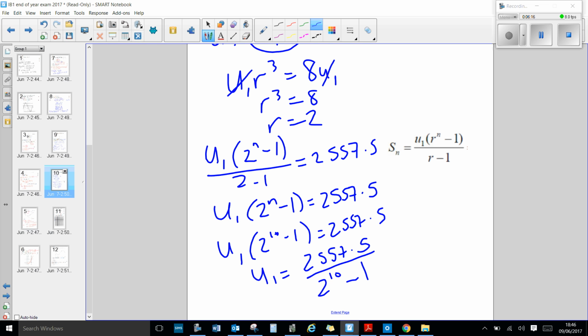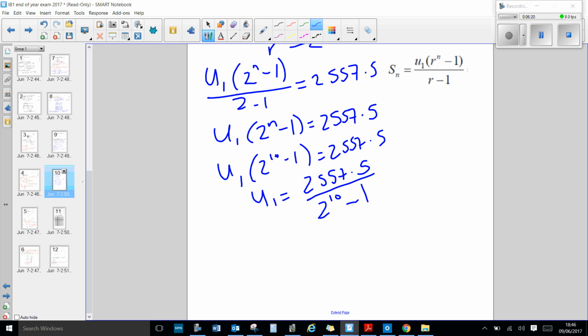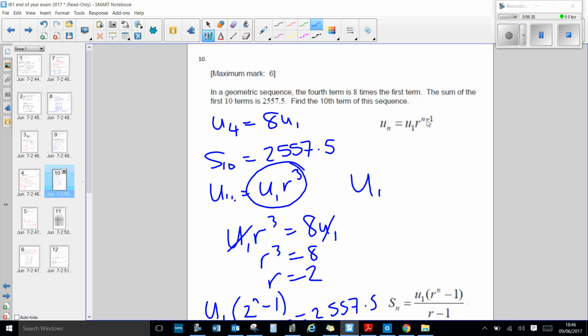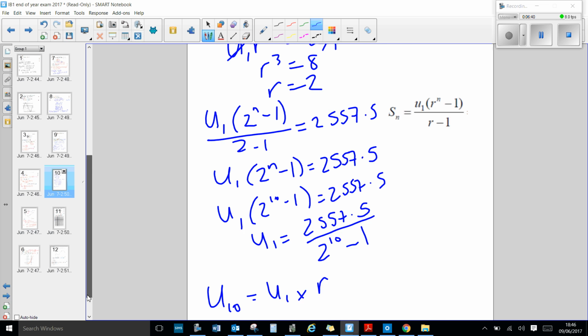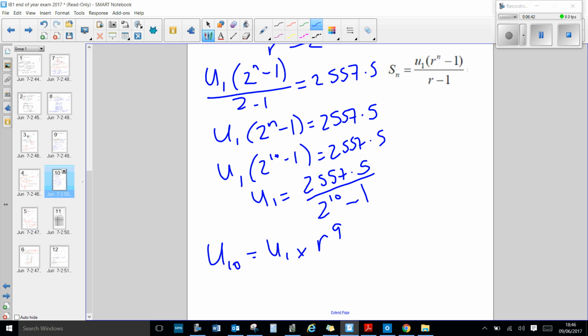I guess we could find that value, but it's probably a tiny one. So then we're going to go back to the formula. What do we need to find? The 10th term, so we need to find u10. It's u1 multiplied by r to the power of 10 minus 1, so 10 minus 1 is the power 9. So we've got all of this multiplied by 2 to the power 9.